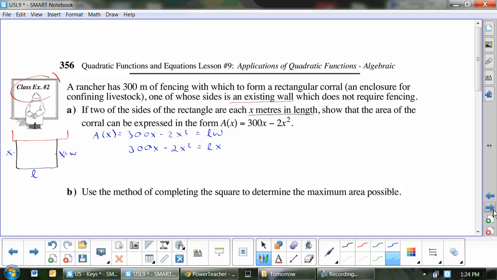And so to find the length, all you have to do is isolate it, so you divide both sides by x, which simplifies this. And you get that the length is equal to 300 minus 2x.